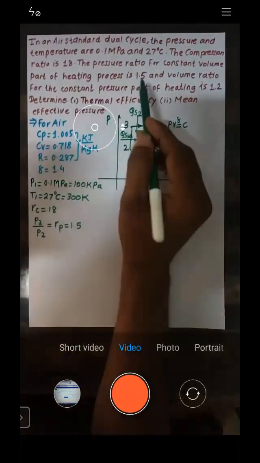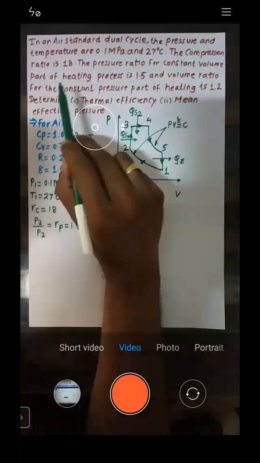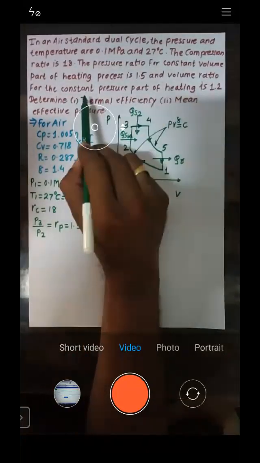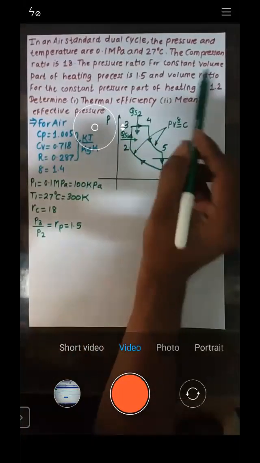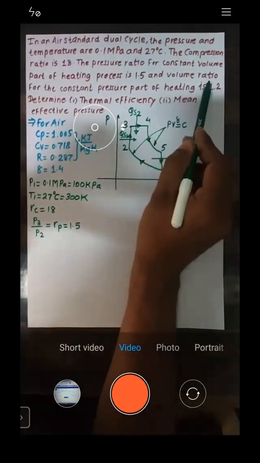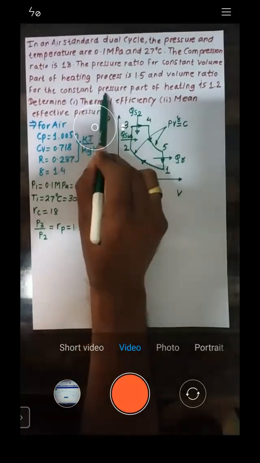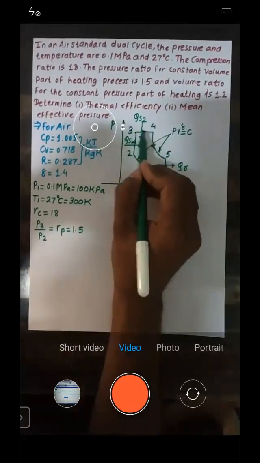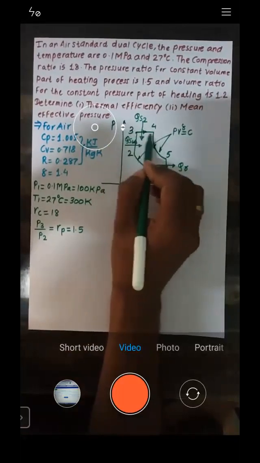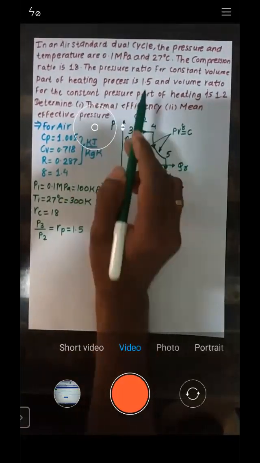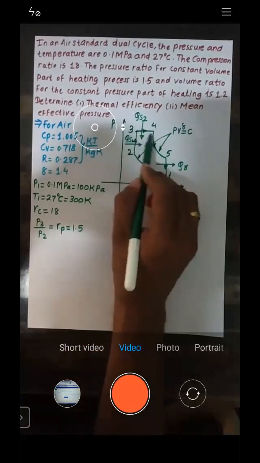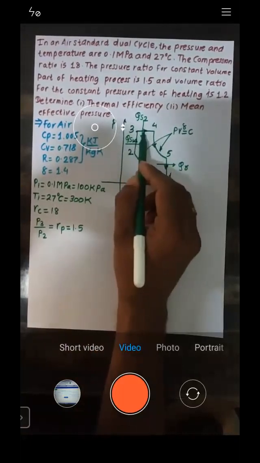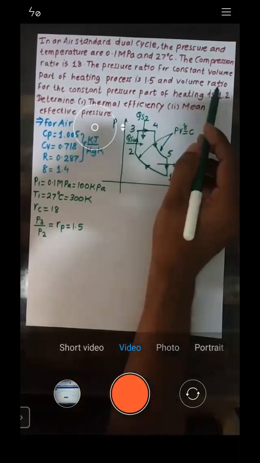Next, the volume ratio for the constant pressure part of the heating process. You can see the volume ratio for the constant pressure part of the heating is 1.2. 3 to 4 is a constant pressure heating, and they have given the volume ratio for it.